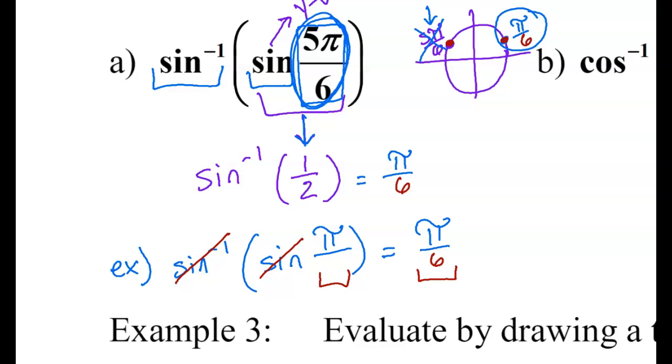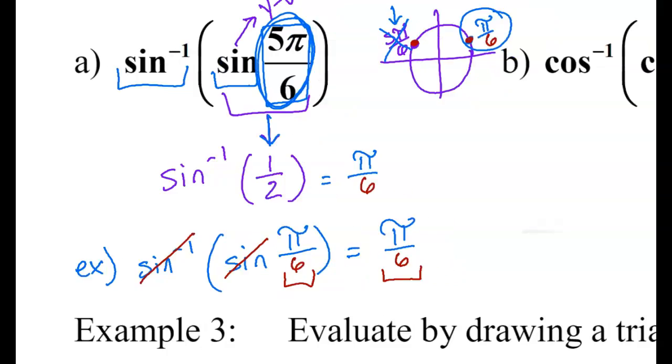Thank you for catching that. Pi over 6 has the y value of a half. That's okay, Samantha. We were just rolling with it. No worries.